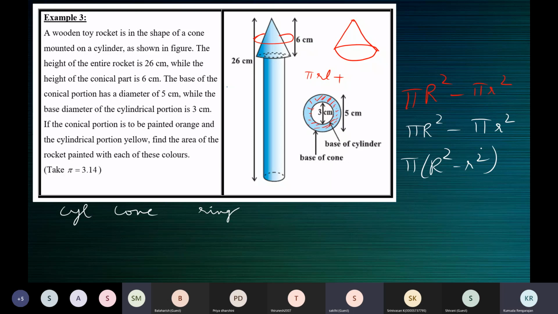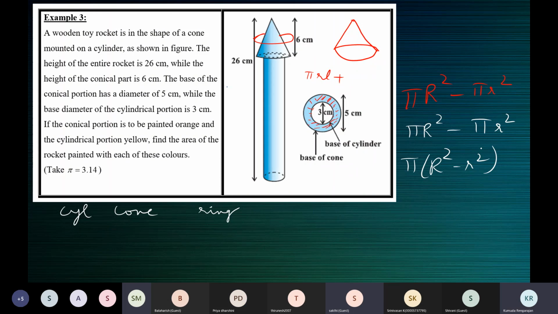Now tell me what portion of the cylinder can you see? Can you see the CSA of the cylinder? Yes, ma'am. Can you see the area of the circle on the top of the cylinder? No, ma'am.